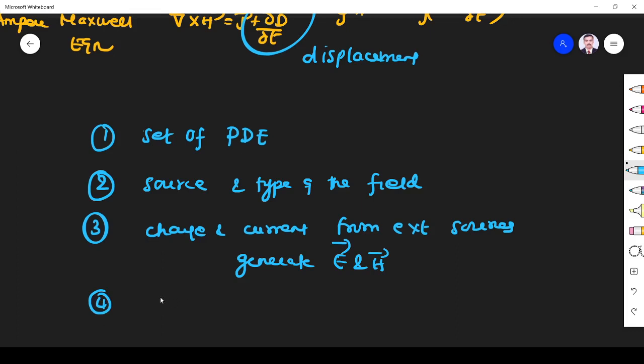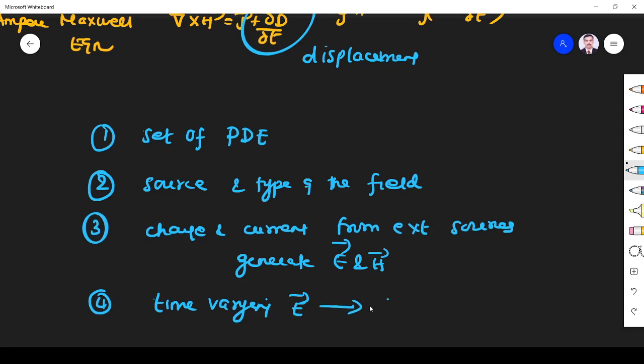Next, what we understand is, in space we don't have any source generator. So in space we don't have an electric field generator or magnetic field generator. Clear or not? So what do we have in free space? We have time varying electric field, and it becomes the source for magnetic field.